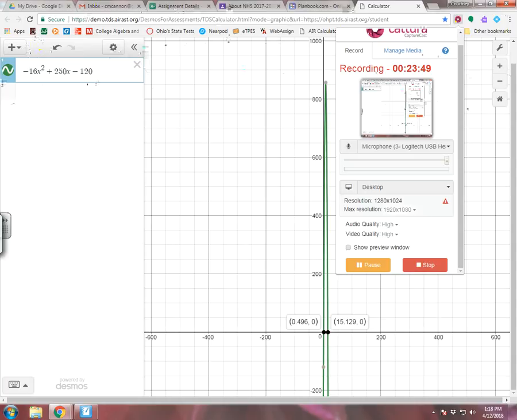Which means you would have had that. And then your answers happen where it crosses the x-axis, 3 seconds and 5.5 seconds. Fantastic. Any questions for me, folks?